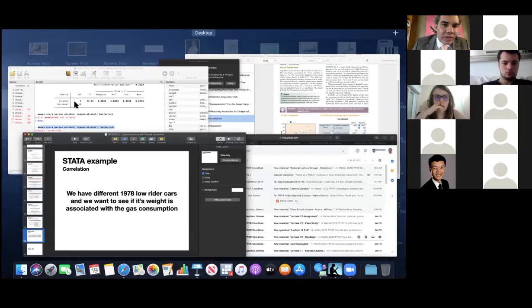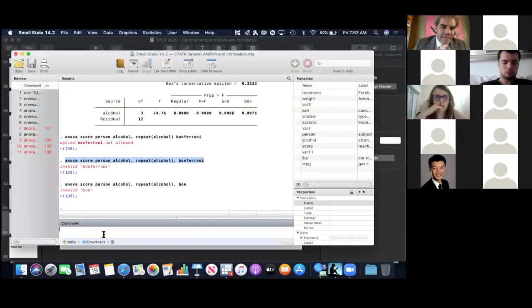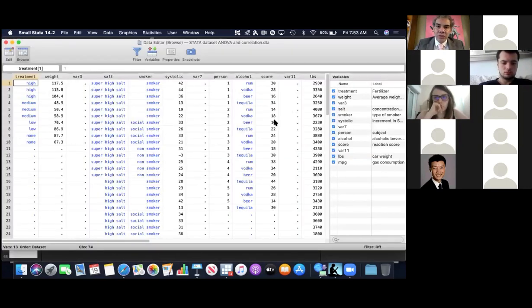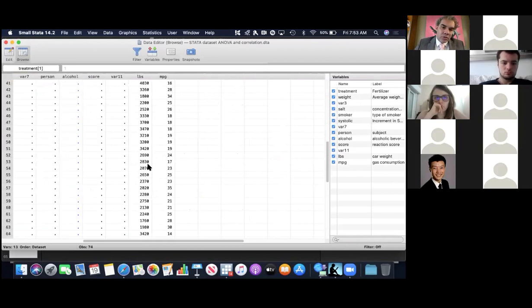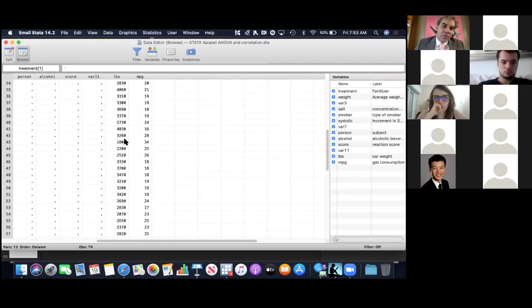There's my STATA. So we'll use the last two variables, which are pounds and miles per gallon. Okay, we go to our data browser and we see here pounds, how much weight each car has, and what the miles per gallon of each car is.